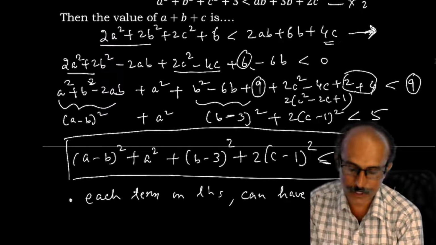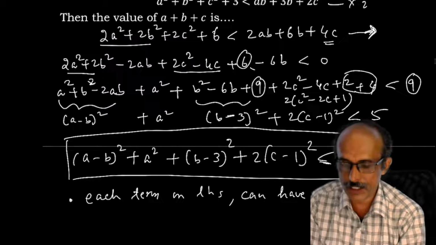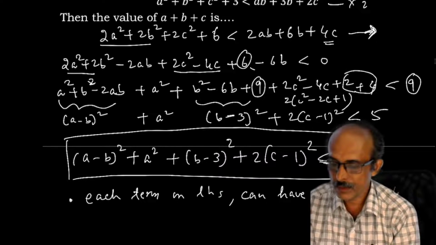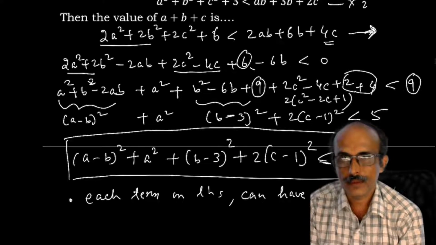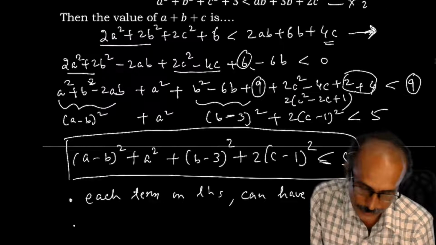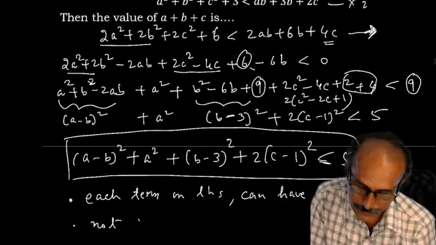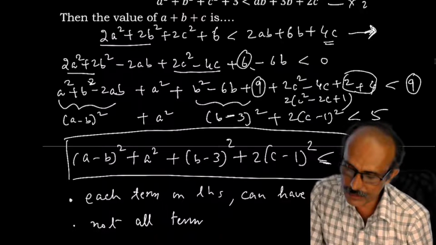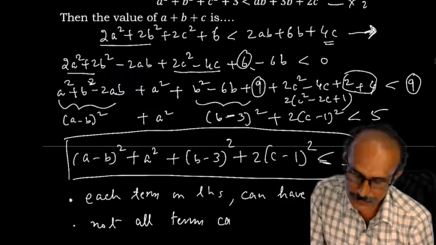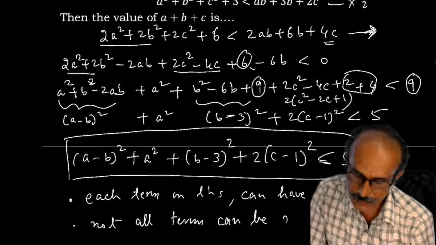So it becomes 1 plus 1, 2, 3, 3 plus 2 equal to 5. So that's not possible. So we note that not all the terms can be non-zero.